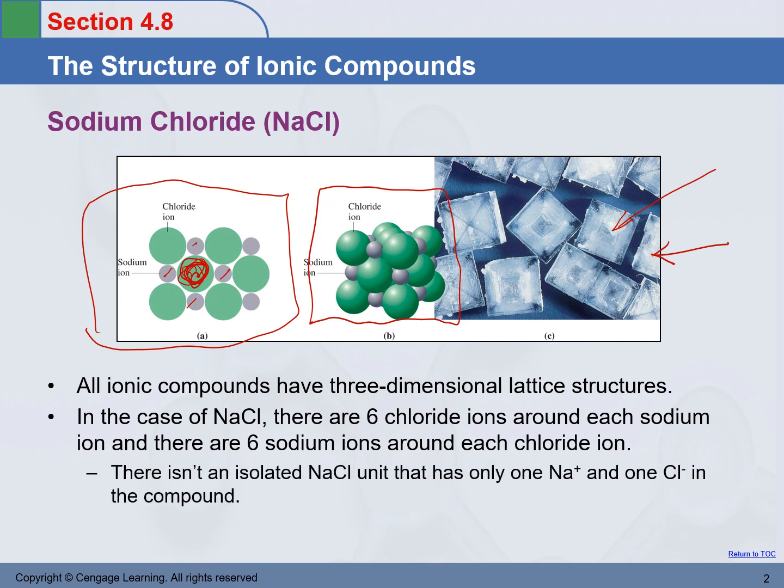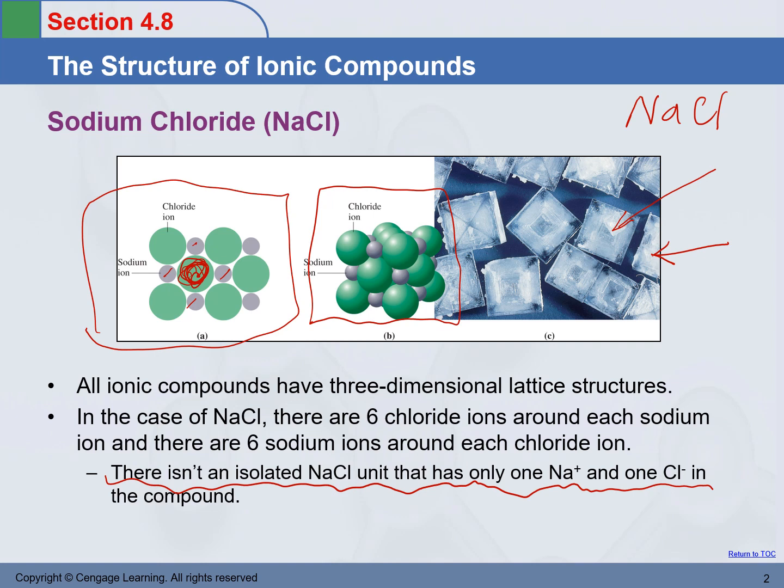Now we realize that even though we keep using NaCl to represent sodium chloride, after looking at the structure of sodium chloride, there isn't an isolated NaCl unit in which there's only one sodium and one chloride. There isn't such a unit in the compound.